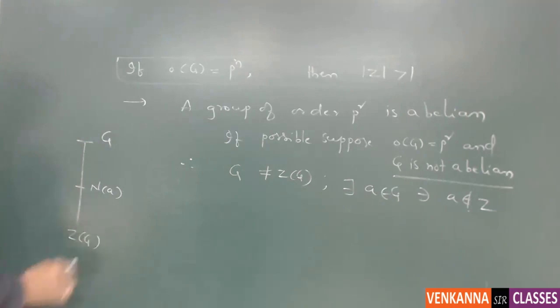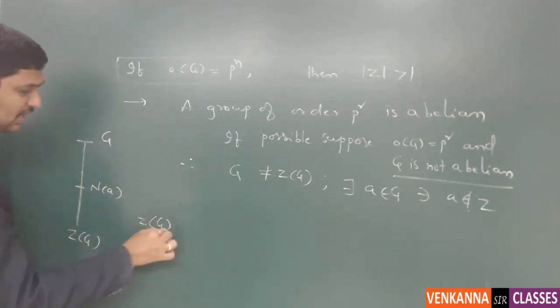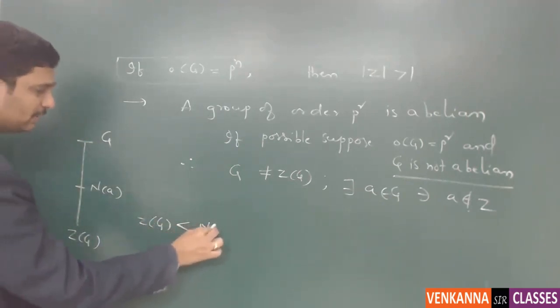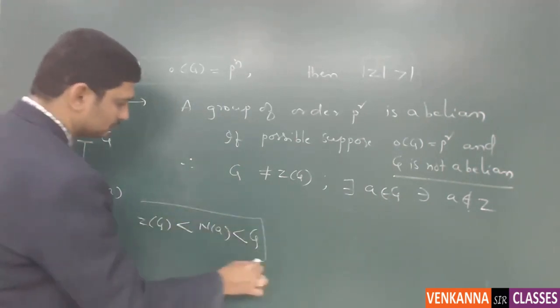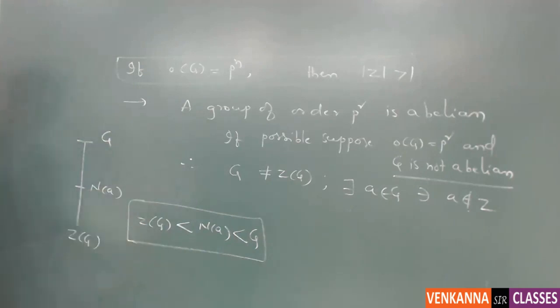So you can say that Z of G is strictly less than N of A, and this is strictly less than G. Please take a note of this. This is the hierarchy you have.